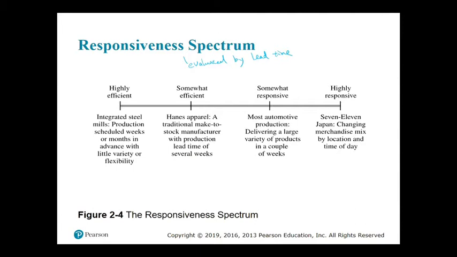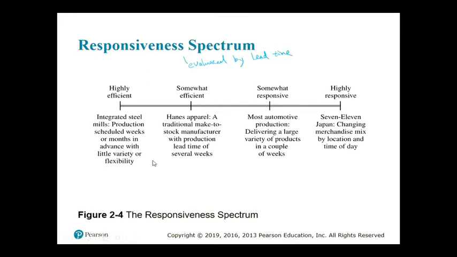Now, on this spectrum, we have a highly responsive supply chain. For example, 7-Eleven replenishes their inventory in the morning, during lunchtime, and in the dinner hours. So you will see a changing mix of inventory in a 7-Eleven store throughout the day. 7-Eleven, by the way, is very responsive.